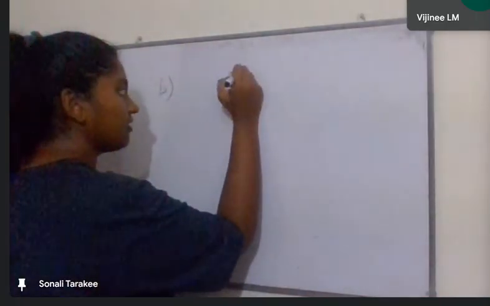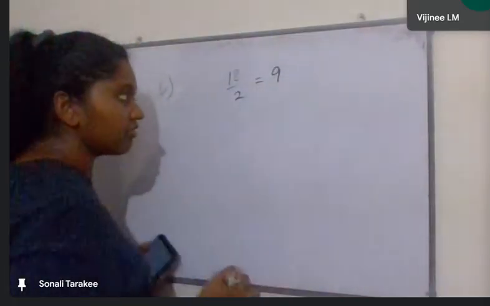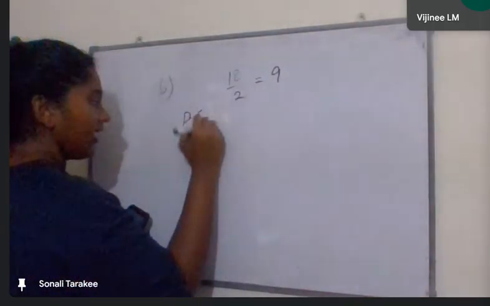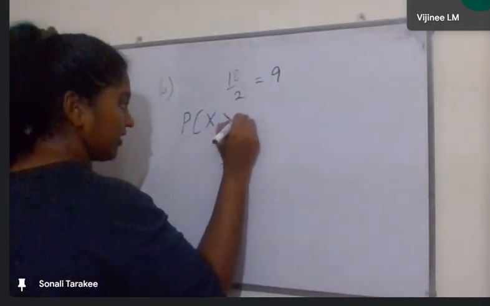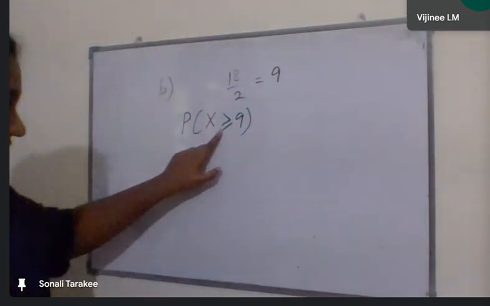Now 18 questions are there. Half of it is 9 questions. So they should get more than 9 questions correct. So the probability should be x greater than or equal to 9.